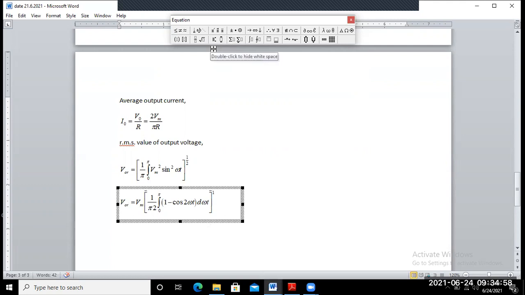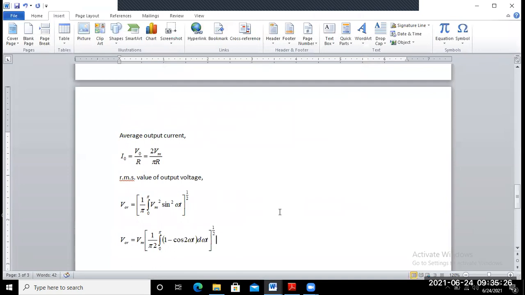Now integrate 1 minus cos 2 omega t. This gives omega t, and if you put in the lower and upper limits, this is only pi.